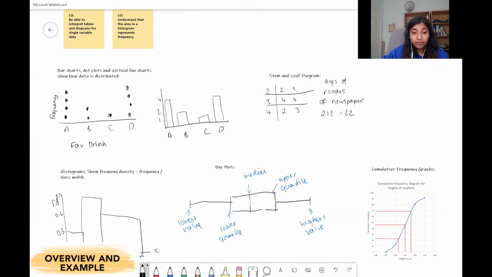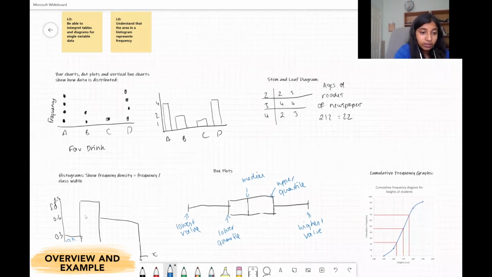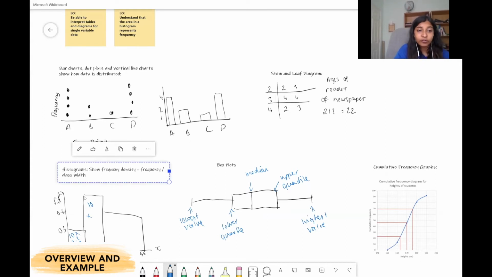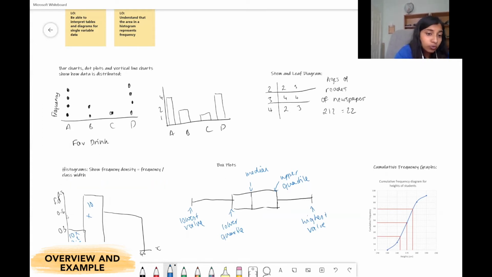So for example, if we were to work out the area of this first bar here, all you would do is your class width, which is 10, multiplied by your frequency density, which is 0.3. So you get this area is equal to 3. And if you would do your next one, the area of this bar is just your width, which is 10, multiplied by your frequency density, which is 0.8.